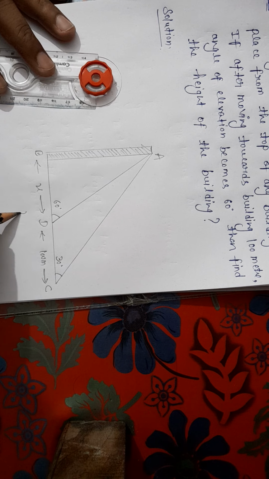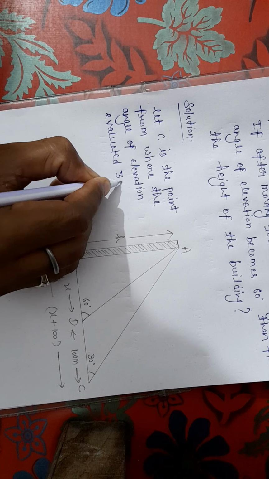C is the point from where the angle of elevation is evaluated as 30 degree.